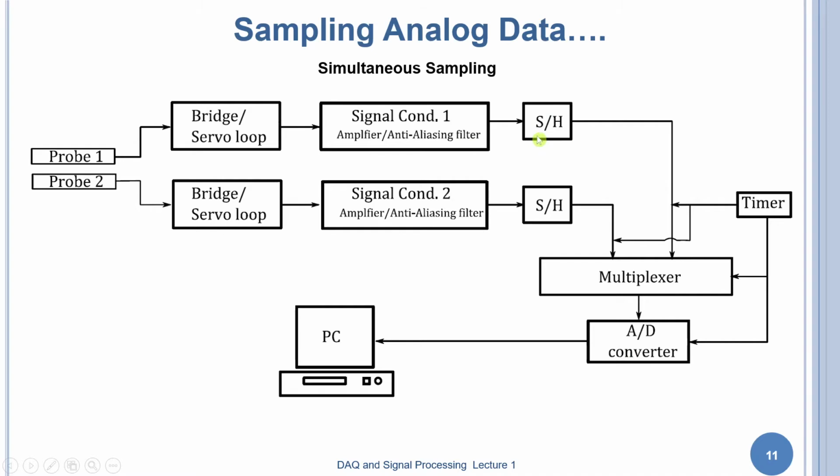These two probes are synchronized using a timer. So if you have 1000 samples per second, it also represents 1000 samples per channel. So here you are going to have 1000 samples per second per channel at your disposal.